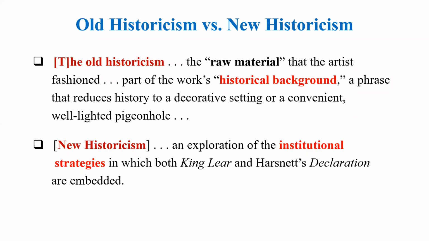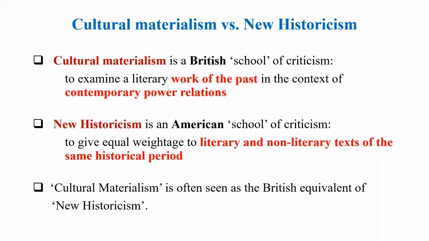Example, we have King Lear and A Hornist Declaration by Stephen Greenblatt. Okay. Then we have to compare and contrast cultural materialism and new historicism. Two different schools, but there are some similarities and differences. So cultural materialism is basically a British school of criticism, simply the same, but there's some difference. They examine a literary work of the past, but in the present context. This is the main difference.